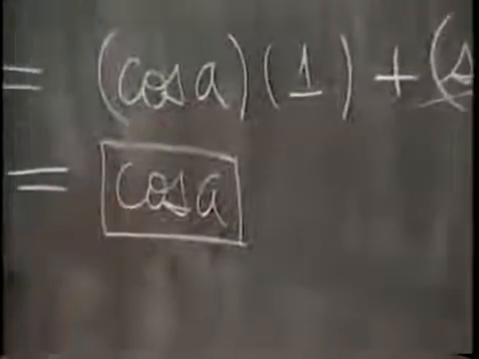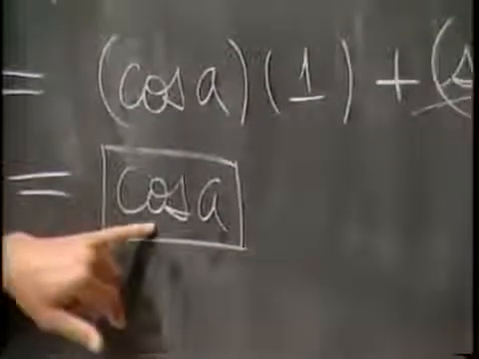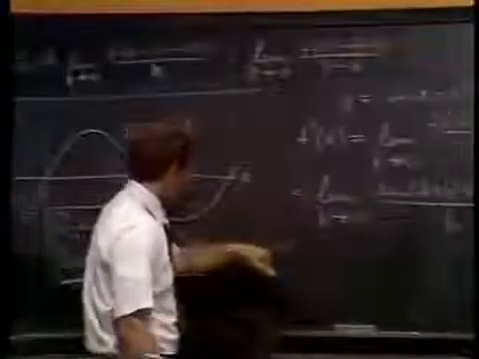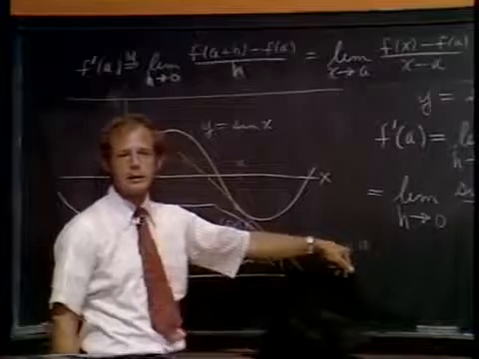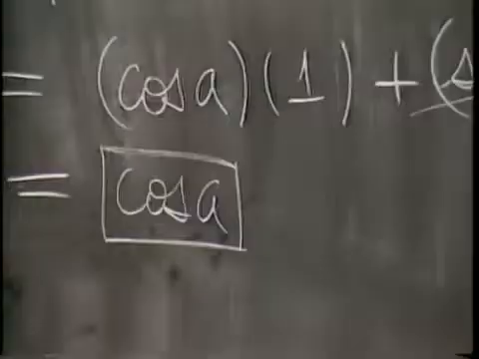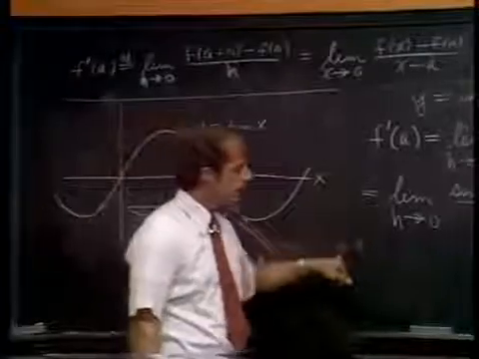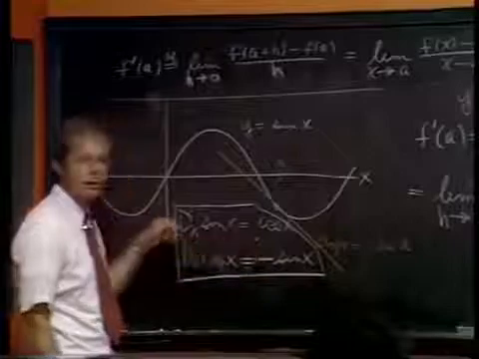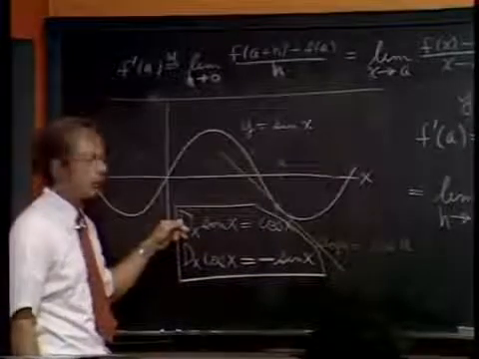If you take the sine function at x equals a, the tangent will have slope cosine a. And over here, see? I predicted it. It's amazing, isn't it? And, of course, that gives you, because a is general, this relationship right here. Derivative of the sine is the cosine.